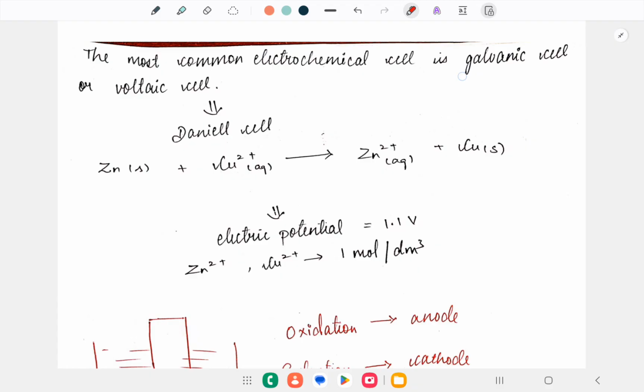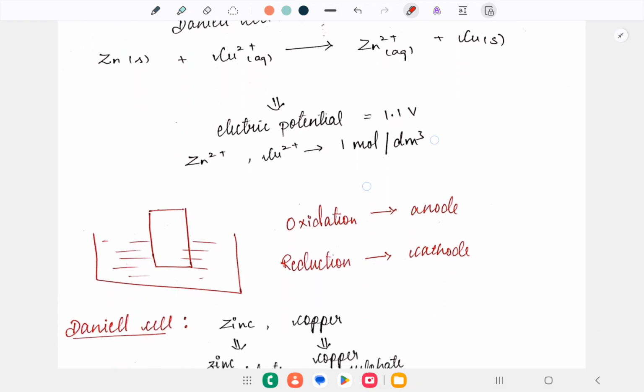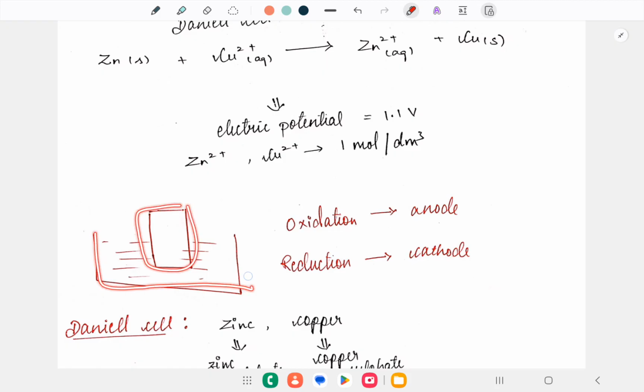We know that galvanic cells are electrochemical cells which convert the chemical energy of a spontaneous redox reaction into electrical energy. In these cells we place an electrode in a solution of its own salt. Suppose we place a Zn electrode, then the salt will also belong to zinc, such as zinc sulfate.